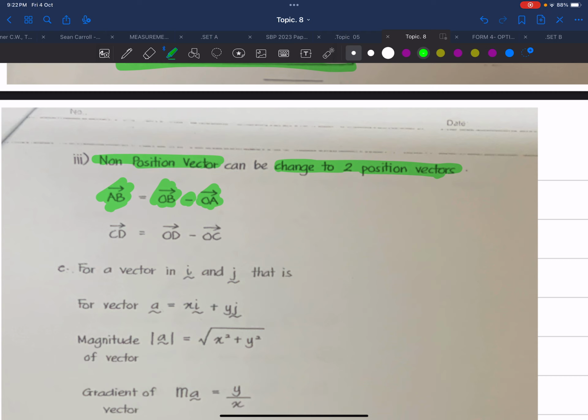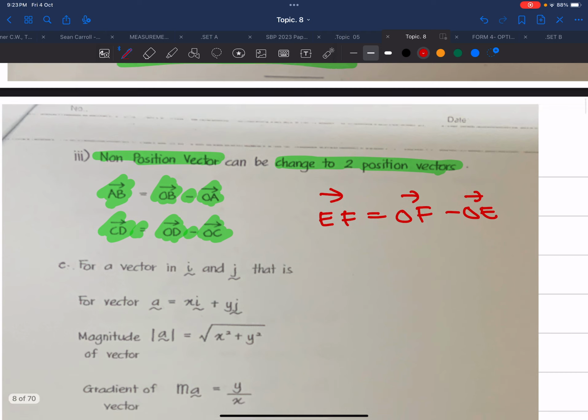Another example, CD, not a position vector, but the same as OD, second alphabet, minus OC, first alphabet. Okay? So if I were to give you a vector EF, not position, it is the second alphabet OF minus OE.